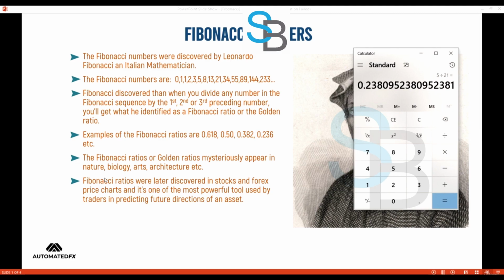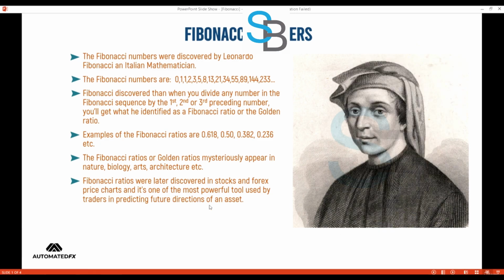Someone discovered that these ratios also appear in forex charts or in stock charts. They were able to develop a very powerful tool that many forex traders all around the world use in their technical analysis. So I'm just going to go to the next slide.